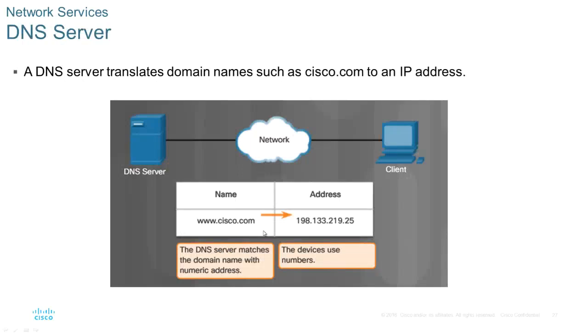Within that branch, there will be Cisco under the listings of all the .coms. Then under Cisco, there'll be FTP, WWW, anything else, web servers, email servers, all those will be listed. And against the final entry, www, will be this address.